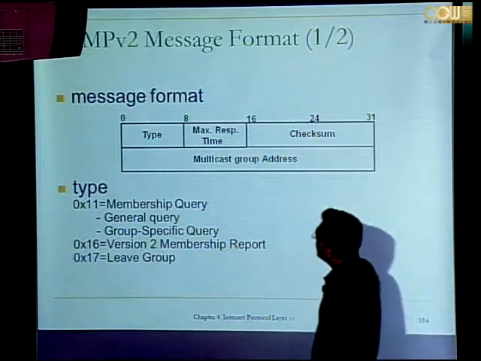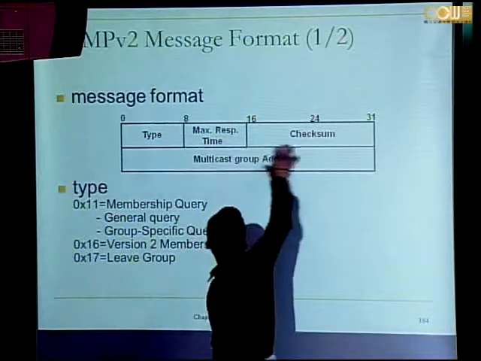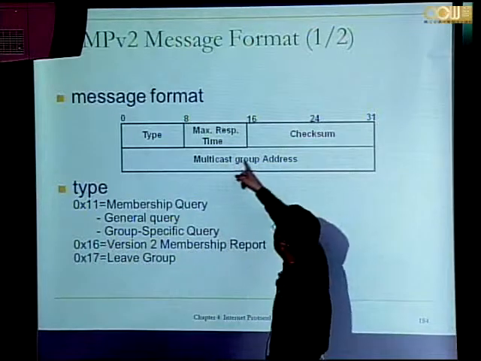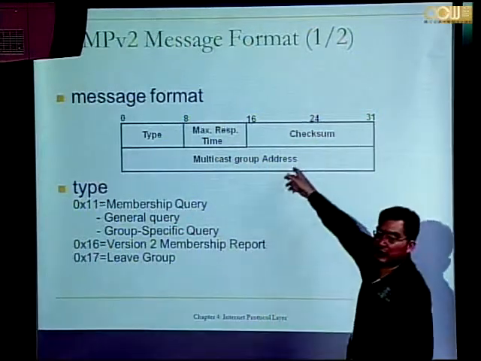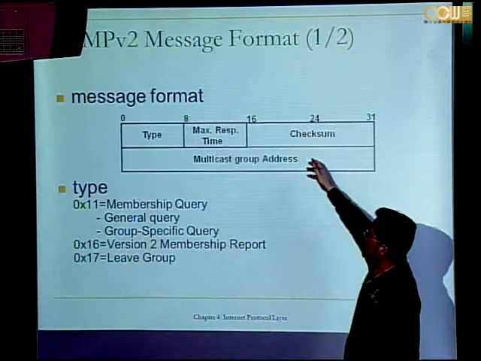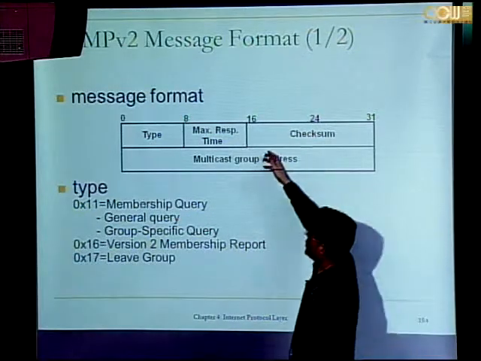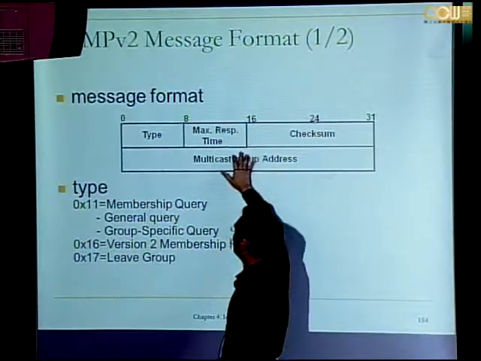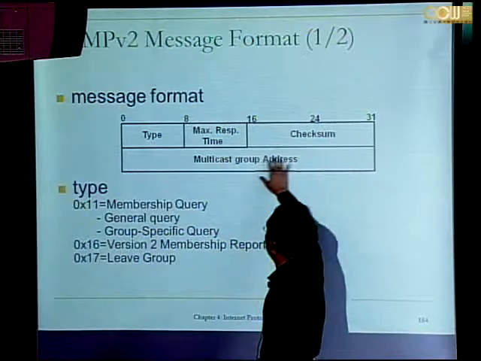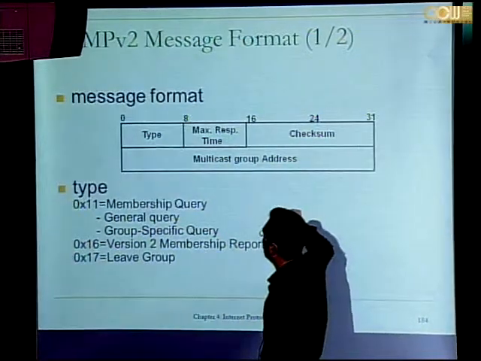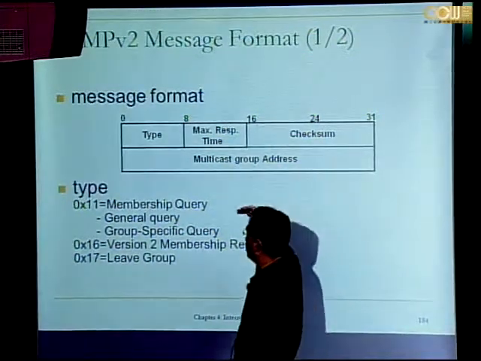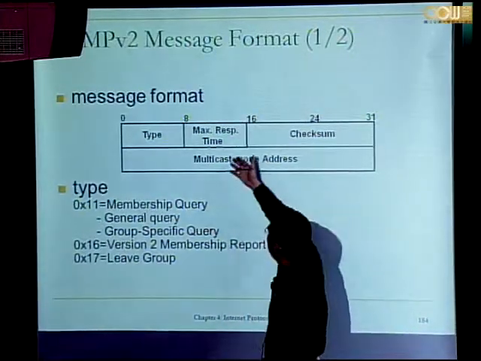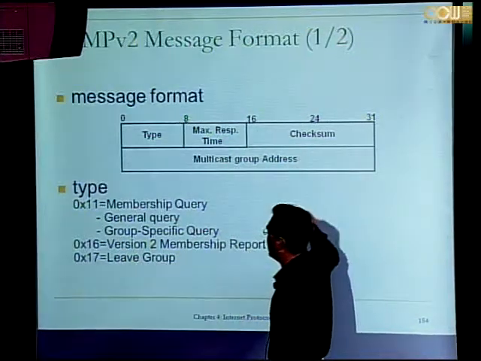This is a very simple IGMP message format. Here is the multicast group address, which is a class D address. When you send a general query, you leave it empty. But if you send a group-specific query, you need to specify the IP address here. On the other hand, if the host sends a report, it needs to specify which class D address it belongs to.